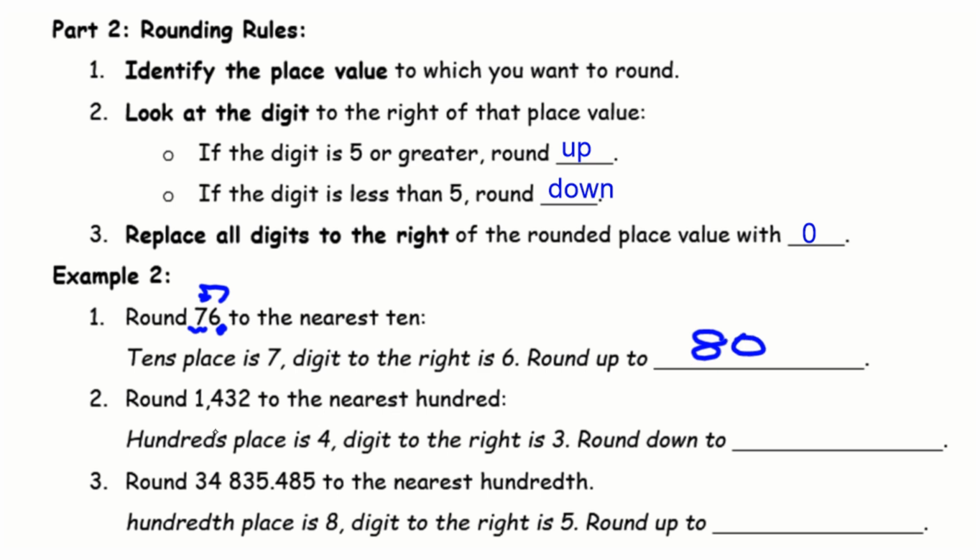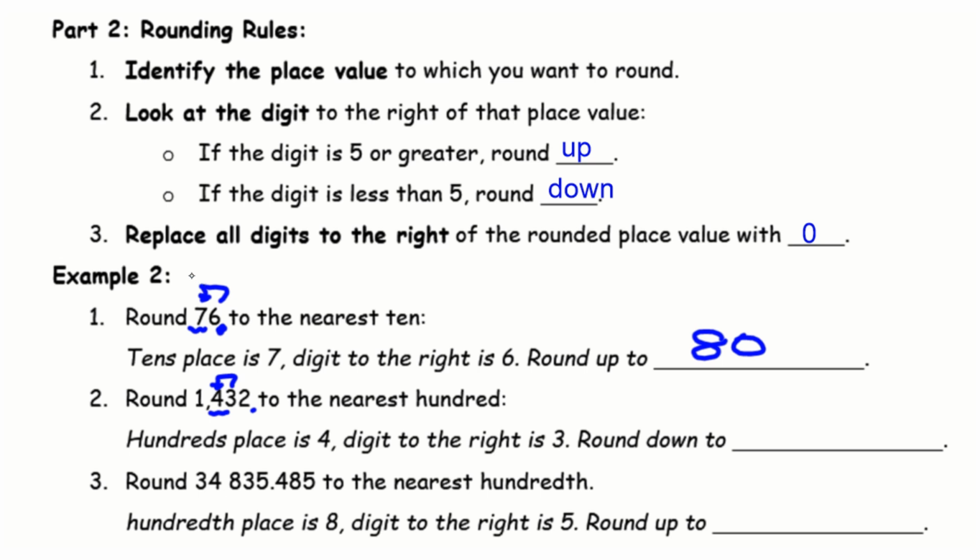And the next one, 1432, to the nearest hundreds. From the decimal here is ones, tens, hundreds. So 4 is the hundreds. Then look at the number next to 4, you will see it is 3. 3 is less than 5, so we don't round up, we round down.